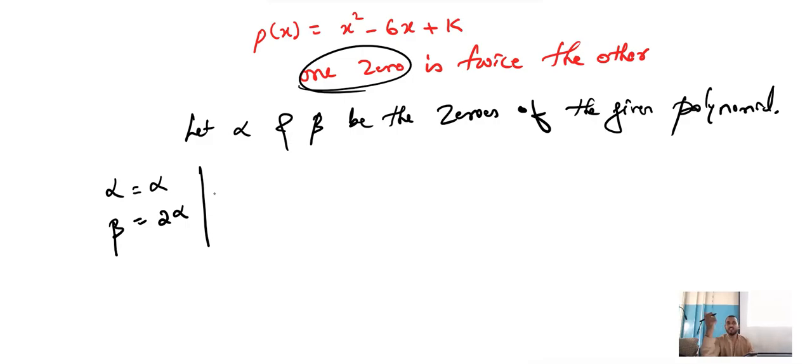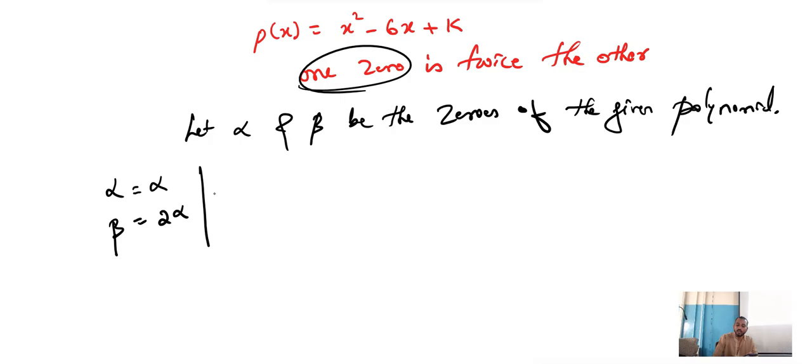One is the sum of its zeros, the other is the product of its zeros. Now where is the K value lying, in place of B or in place of C? C is there. In which formula do we get C? Product of its zeros, isn't it?